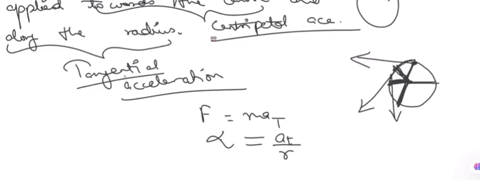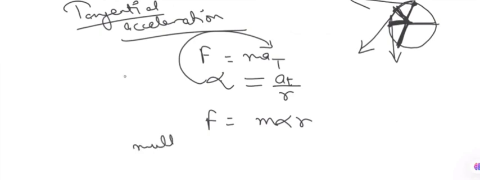Basically, what I can write over here is that if I put this alpha in this formula, I'll have F equals m alpha r. Correct or not? Now let's multiply r on both sides.